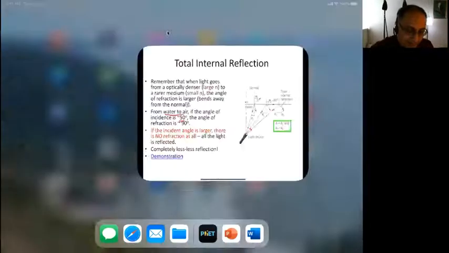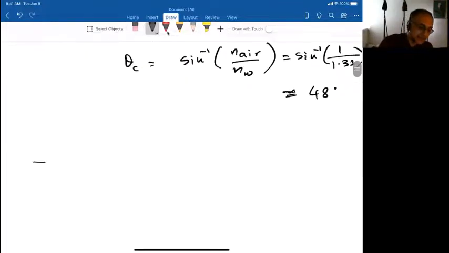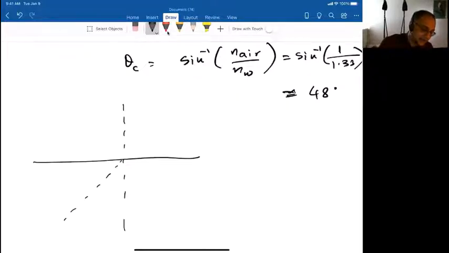Now, here comes the really fascinating thing. What if you make the angle of incidence greater than the critical angle? Let's see what happens then. This is the air-water interface, this is the normal, and this is θc. Now we are shining the light at an angle greater than θc.